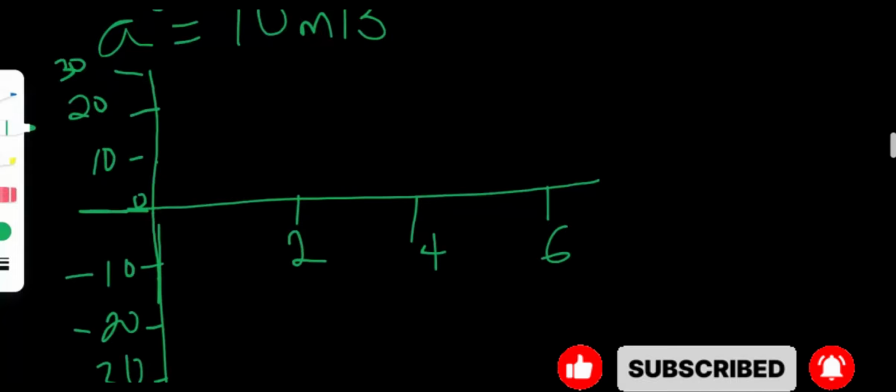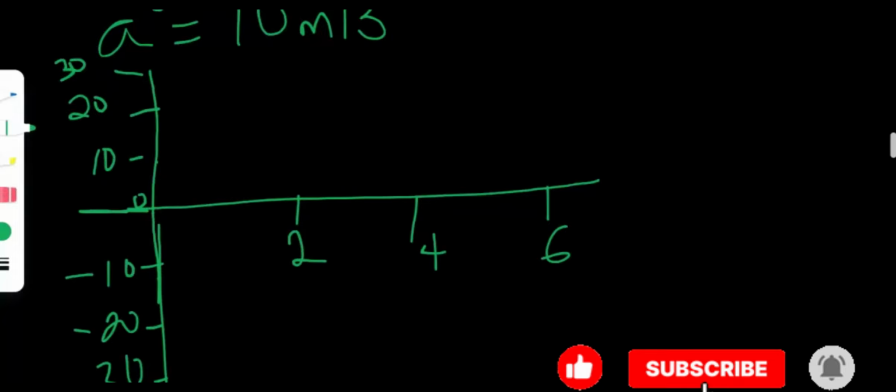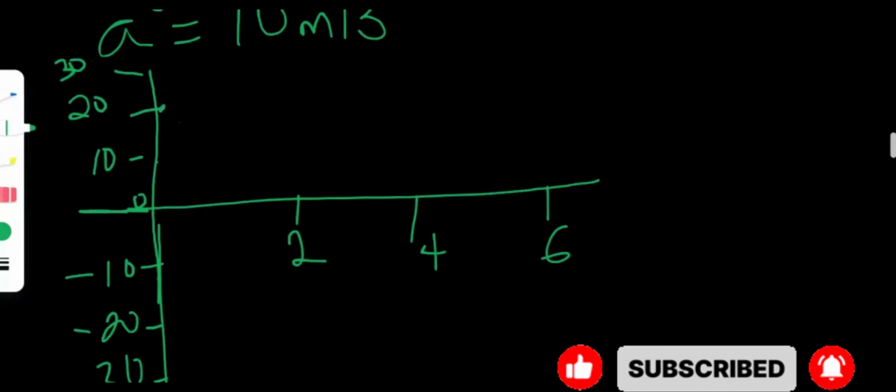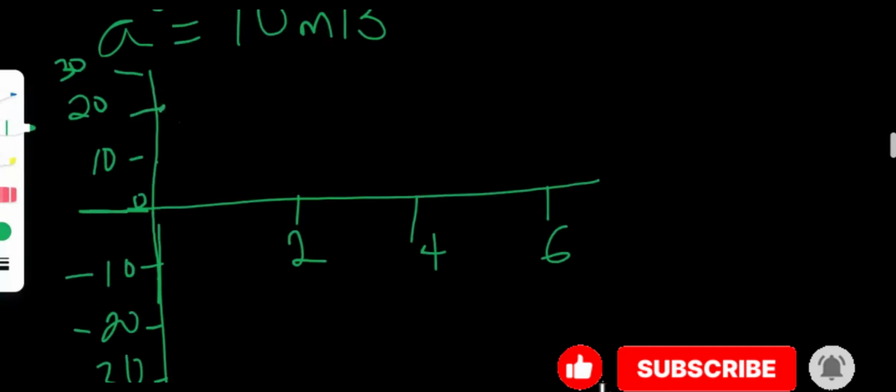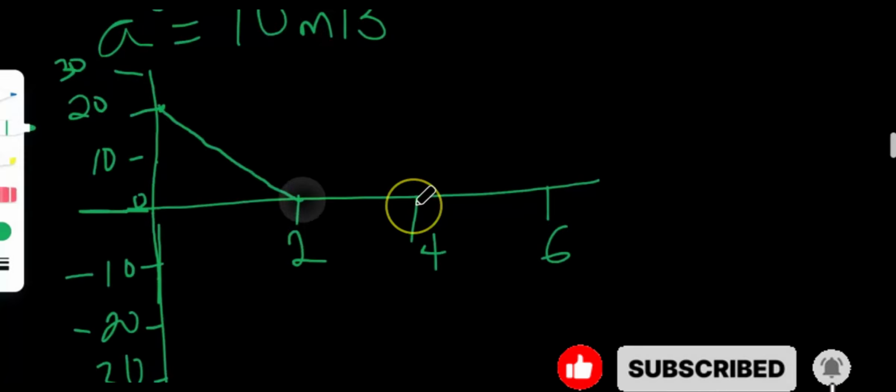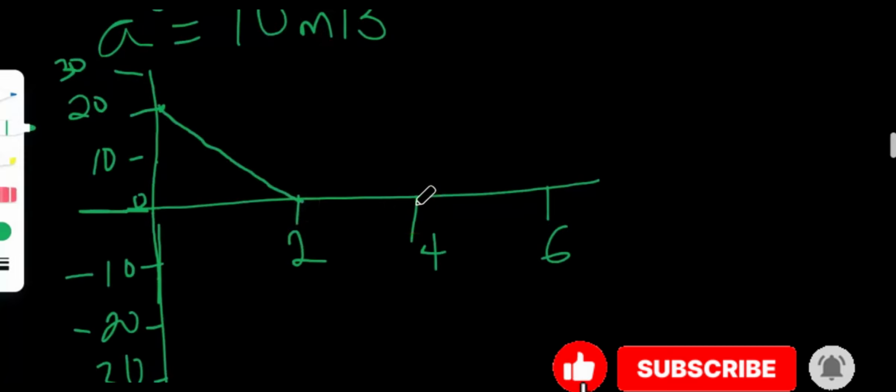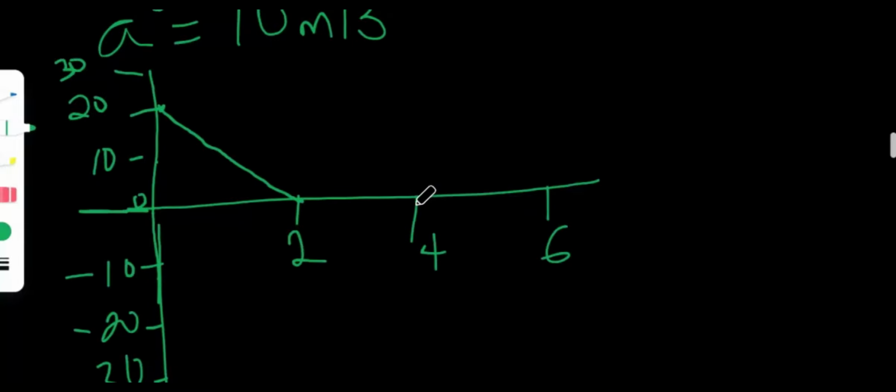With the initial velocity at 20, this means that after 2 seconds, the vertical velocity of the projectile is 0. Then it just keeps dropping by 10 meters per second every second.